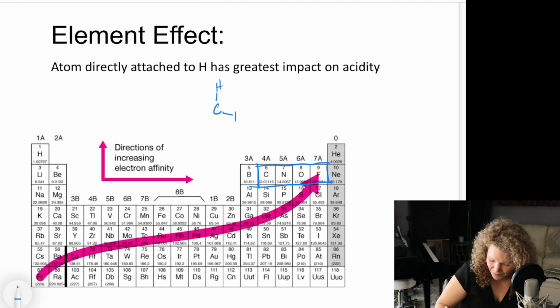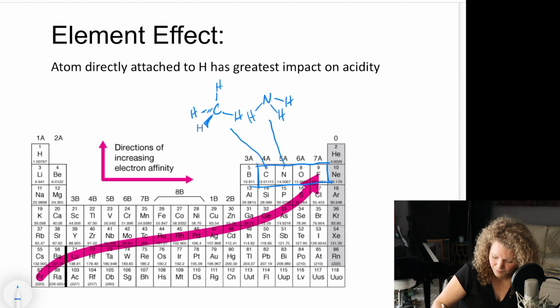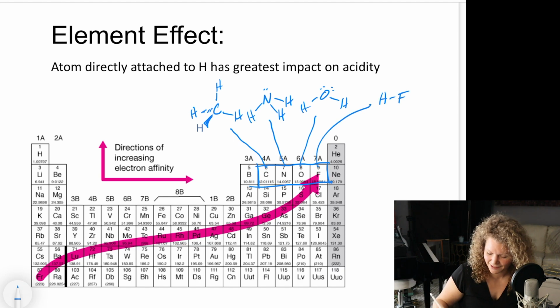So let's just take methane. We'll take ammonia. Water. And we'll take HF, or an acid here.